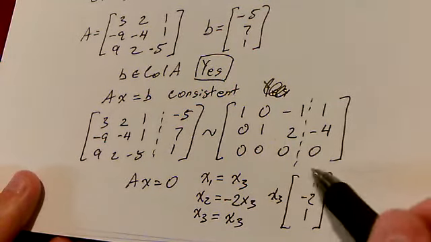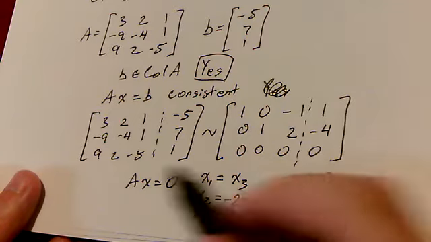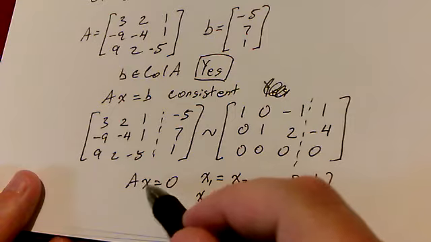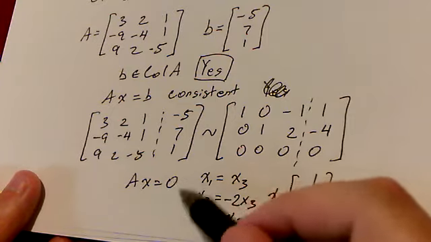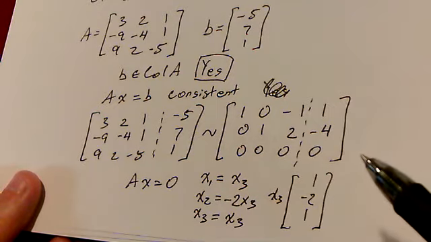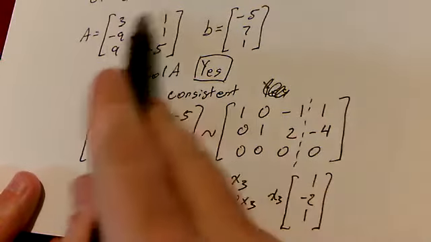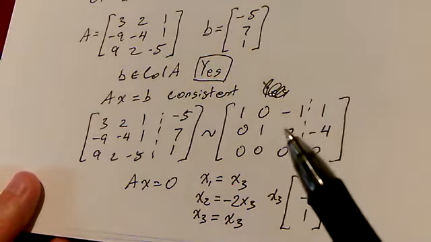Remember, those are the coefficients of X3. So this particular vector is very important because I can take this vector, put it in for X, and generate a non-trivial solution to AX equals 0. So if I do my matrix A times this vector, I get a non-trivial solution.